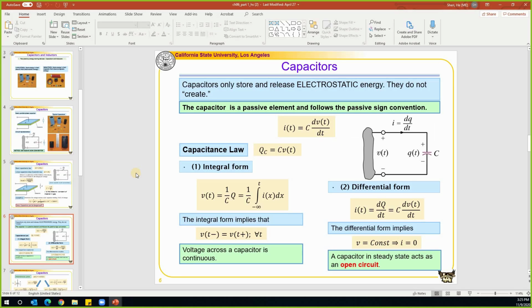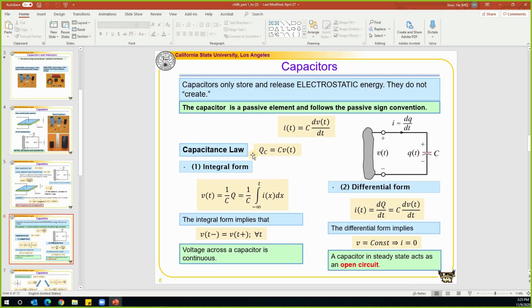We learned the basic Coulomb's law, which describes the relationship between the voltage and the charge the capacitor holds. And we also know that the charge rate is equal to current. So if we take a derivative of this equation with respect to time t, we will find the left-hand side is dq over dt, which is the current I. On the right-hand side, because C is a constant, we keep C, and it will become dv over dt.